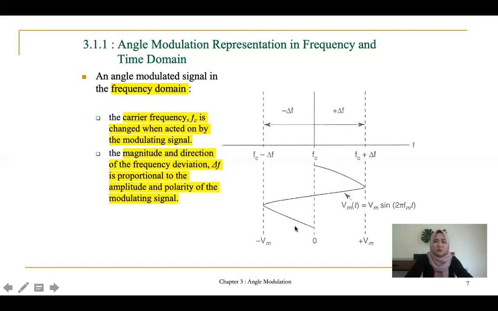So the amplitude of the modulating signal is directly proportional to the delta F here. What happens if you have a lower amplitude modulating signal? For example, you have a modulating signal like this.